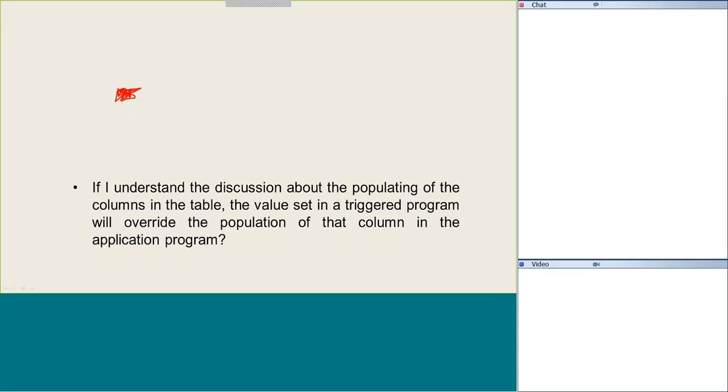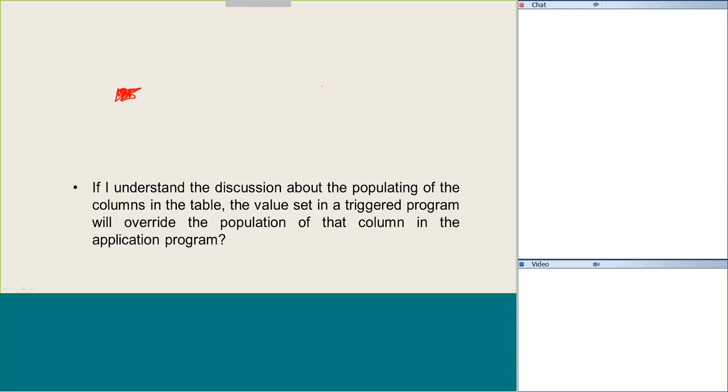This is a question which looks very similar to the previous one, but isn't. Populating columns in a table. Your application program or client populates a record and writes it to the table. That is intercepted and passed to the trigger first.